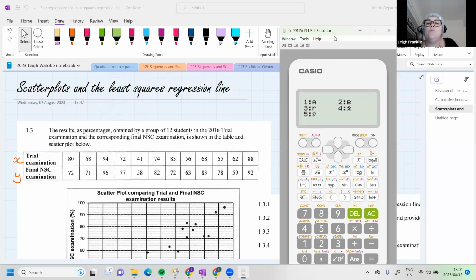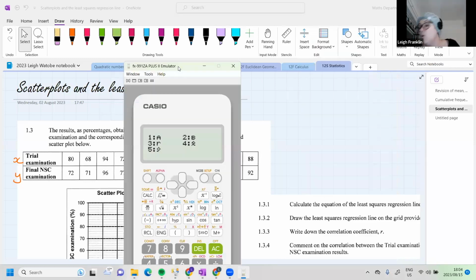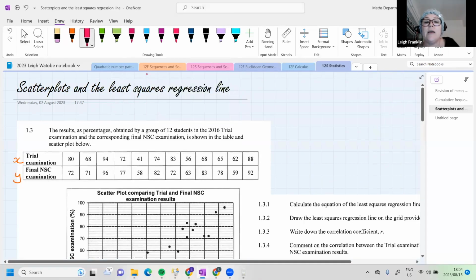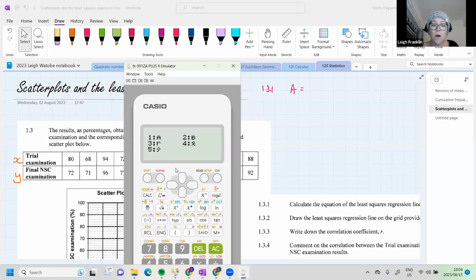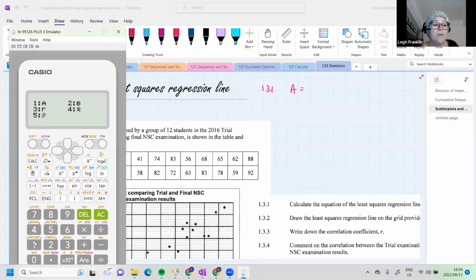So invariably, they will ask you for the correlation coefficient, although they may not, but they probably will. So just make sure that you've got all this information written down. Okay, so 1.3.1, the value of A, if I want to know what my A value is, I'm going to press option 1, and I'm going to press equals.